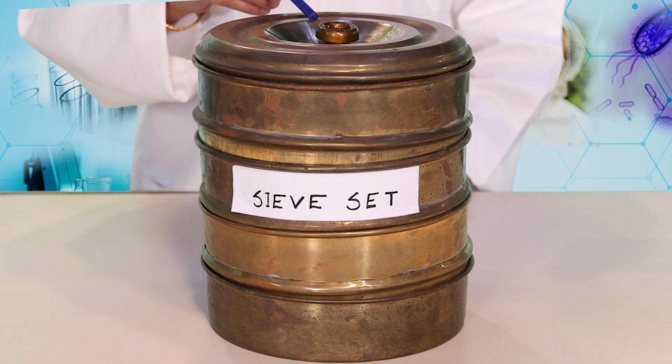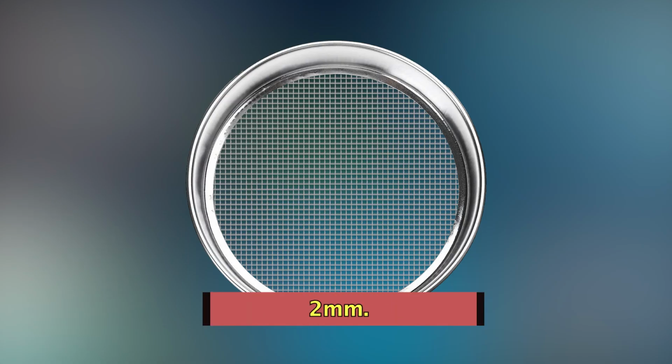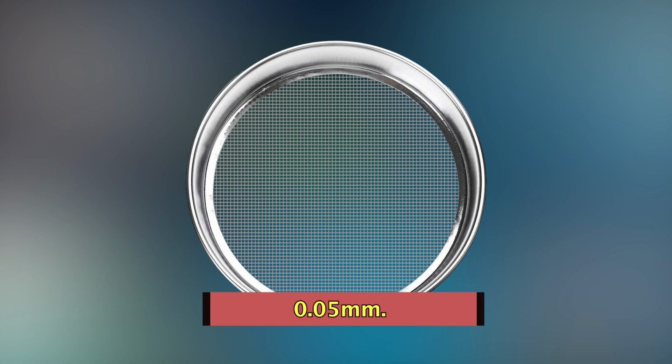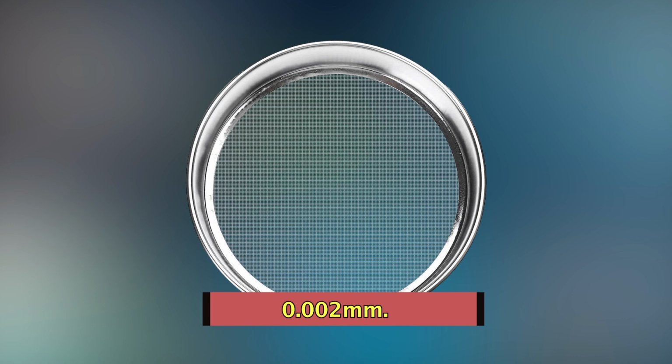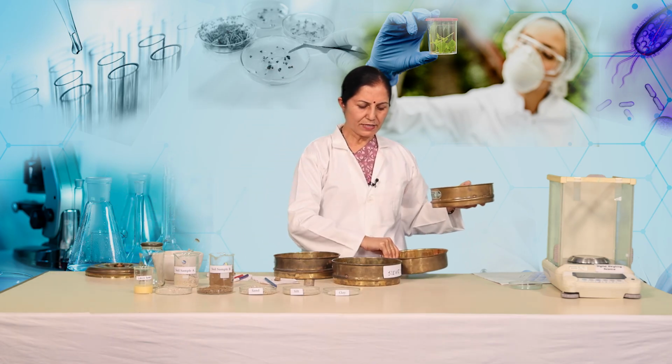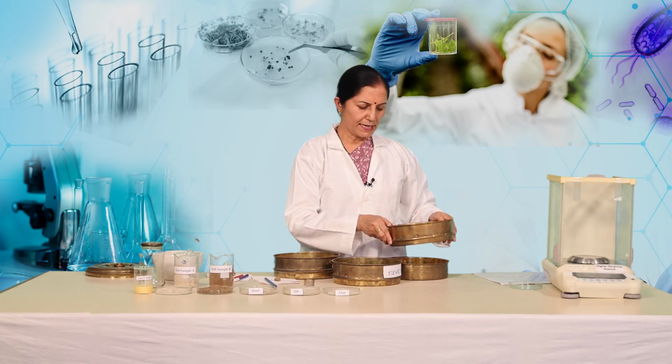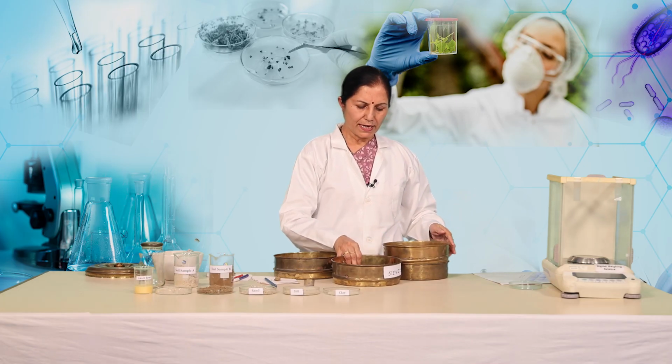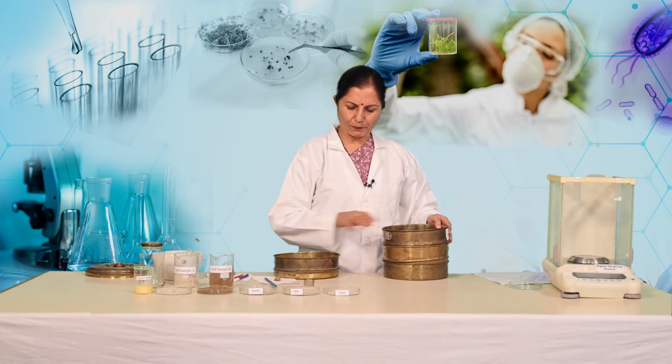Select 3 sieves of different mesh size: 2 millimeter, 0.05 millimeter and 0.002 millimeter. Arrange these sieves in a collecting chamber with the smallest at the bottom and largest at the top.